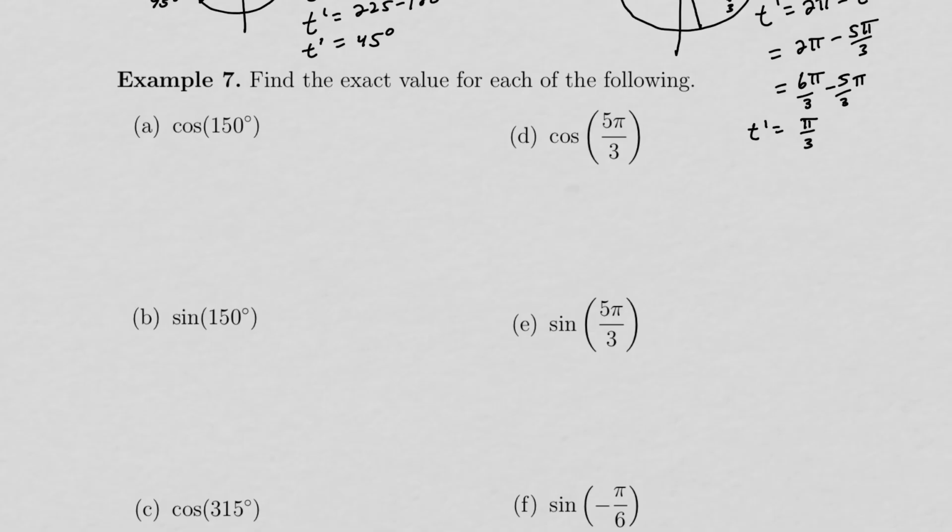If this is my circle here, 180 is halfway around, so 150 is going to be somewhere in here in the second quadrant. So this is 150. How do I find the reference angle? Let me make that a little bigger. It's hard to see that.